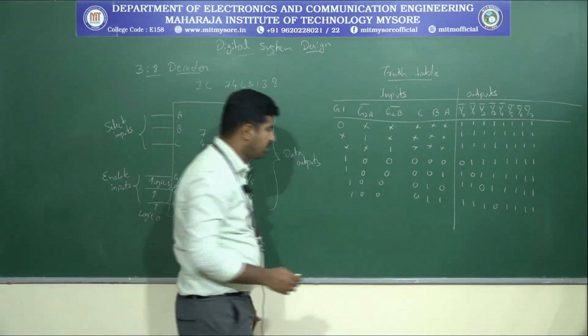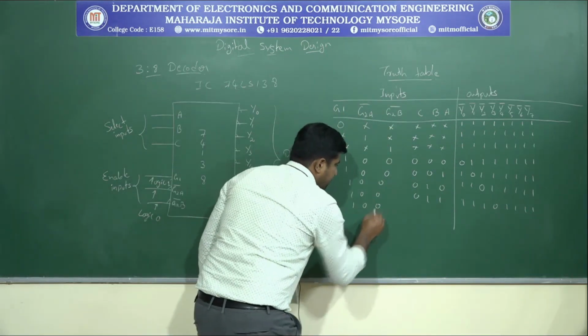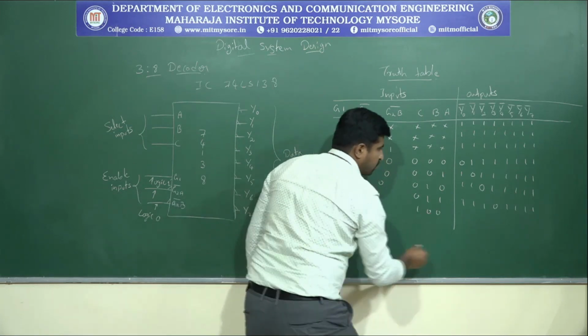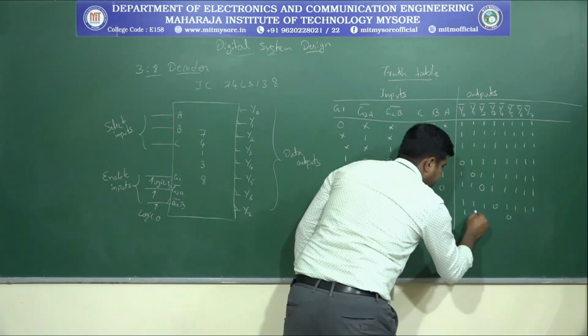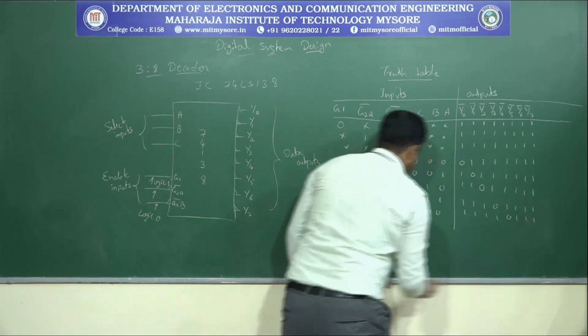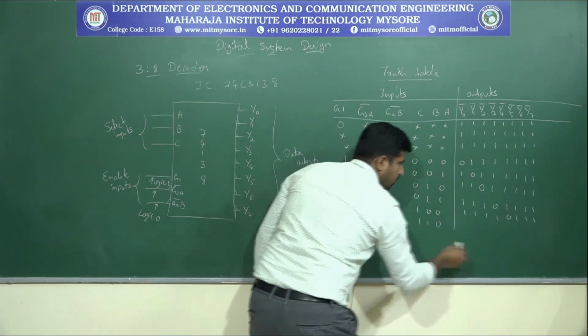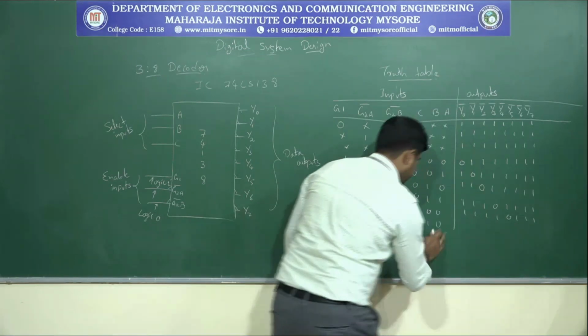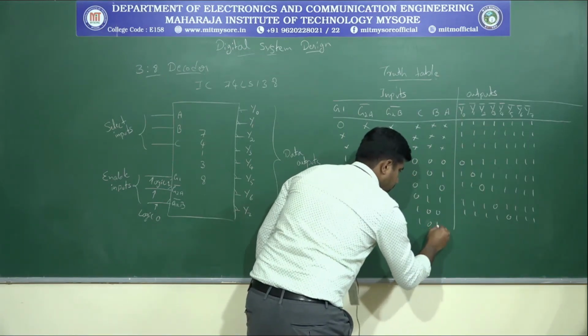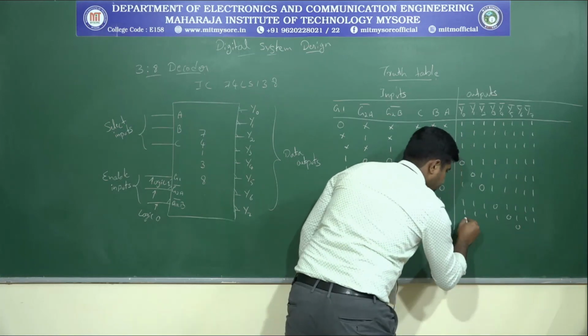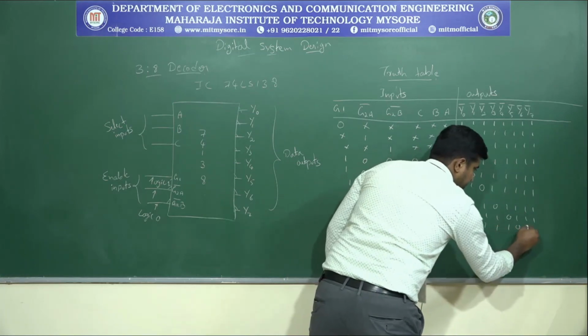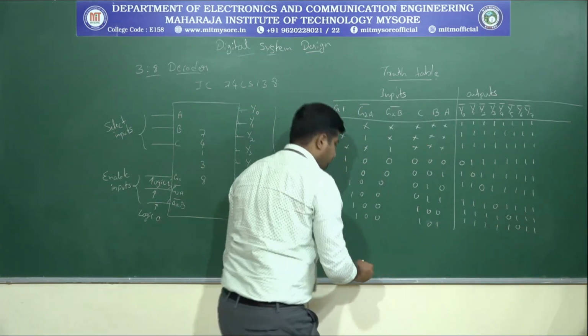So I hope you understood. Okay, let's continue the table. For 1, 0, 0, Y4 will be enabled, remaining outputs will be disabled. For 1, 0, 1, Y5 will be 0 and other outputs will be disabled.